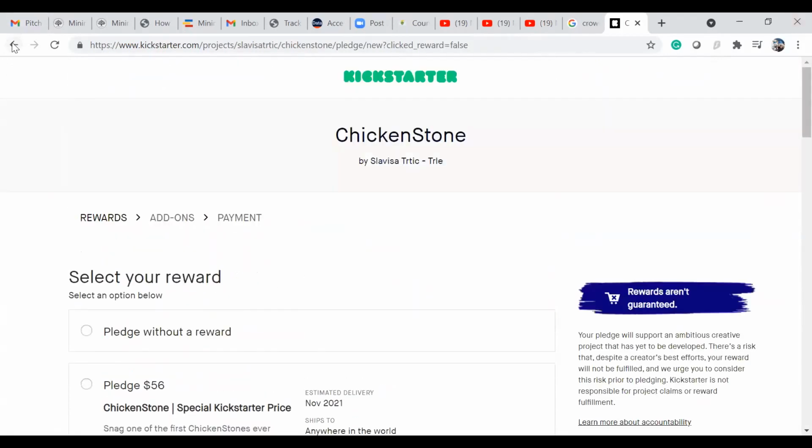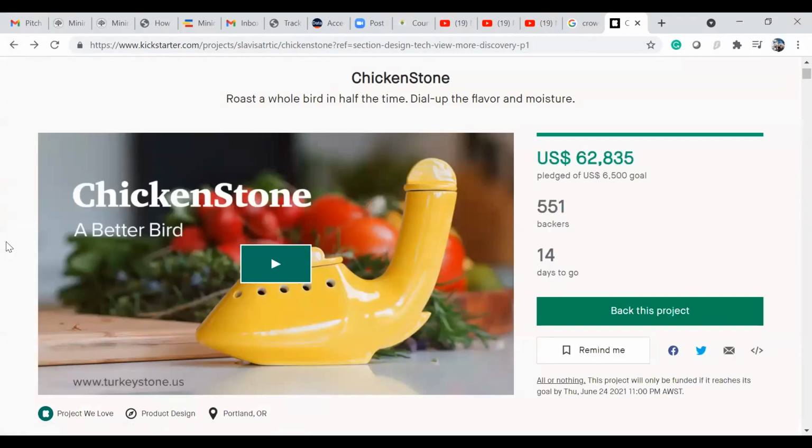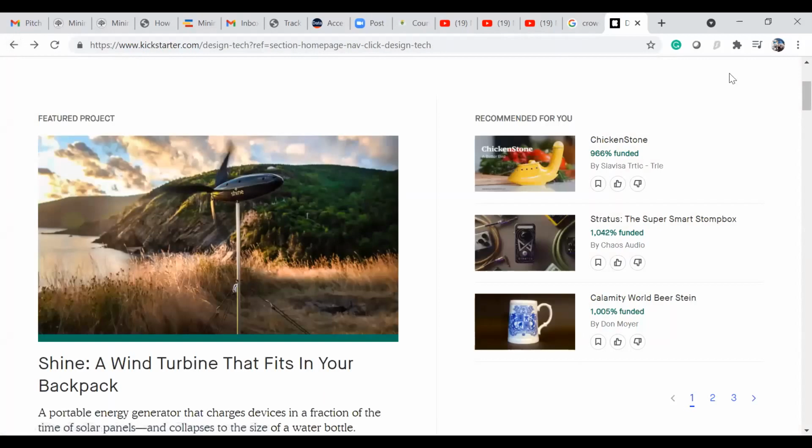So that's a very good way of validating your product, because you're sure now that there is a potential market. There are also so many good examples that went beyond expectation in terms of getting crowdfunding.